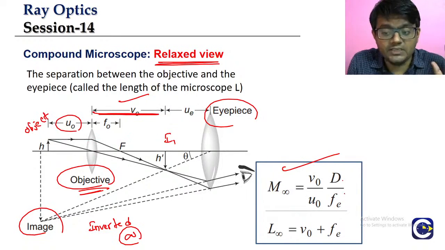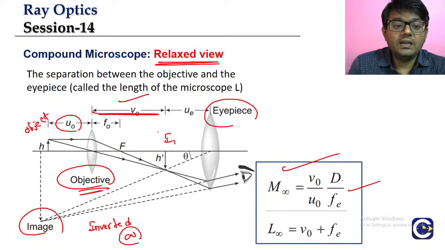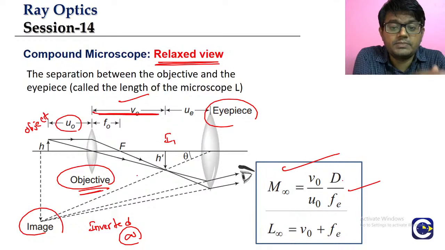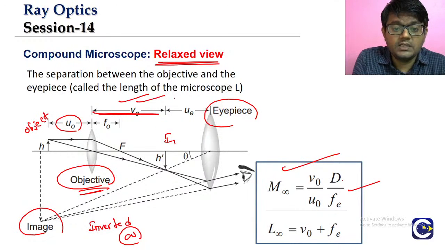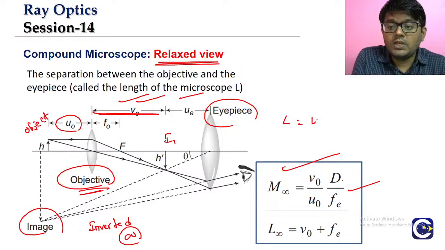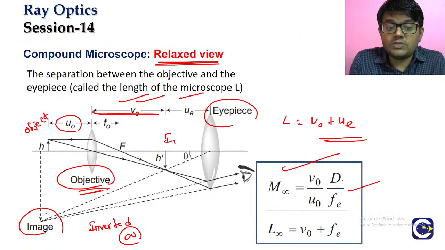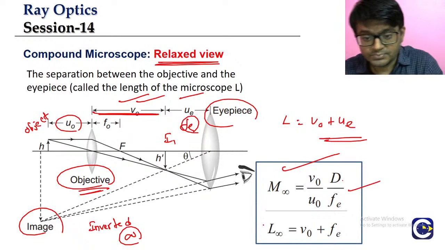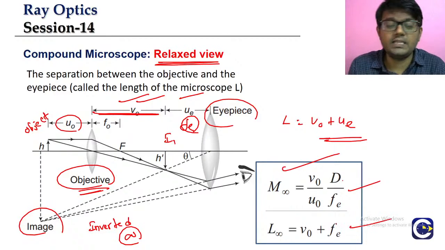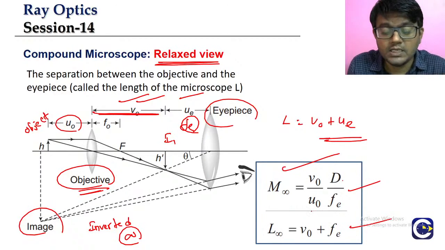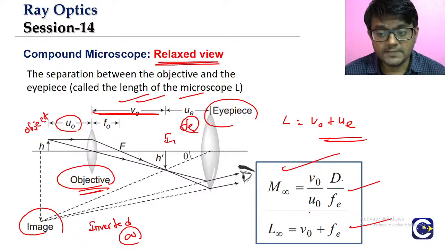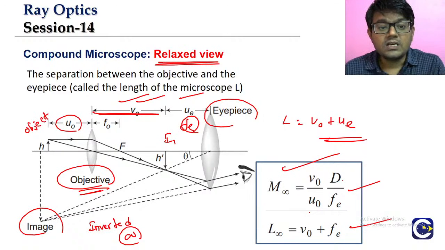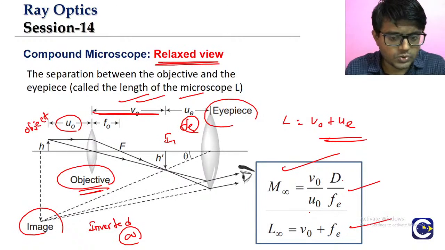The length of the microscope is the distance between the objective and the eyepiece. The general formula is VO plus UE. But relaxed view means the final image is formed at infinity, so UE is equal to FE. Thereby the length of the microscope becomes VO plus FE. So this is about the relaxed view of the compound microscope.